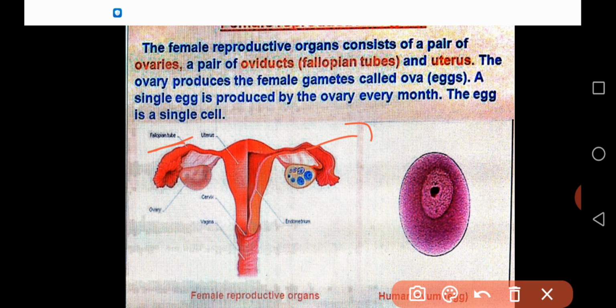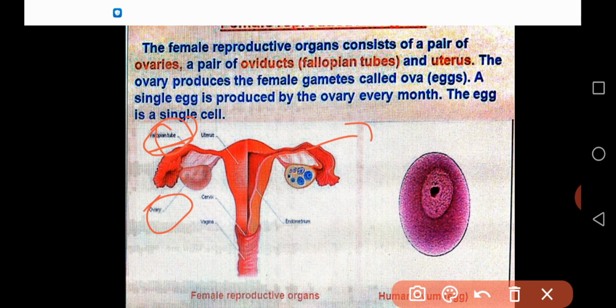The egg produced by the ovary later moves into the oviduct, the fallopian tube.